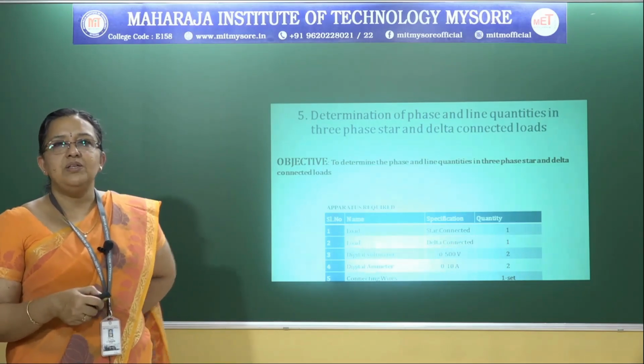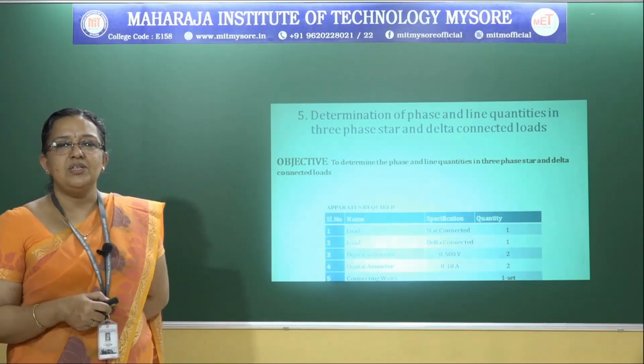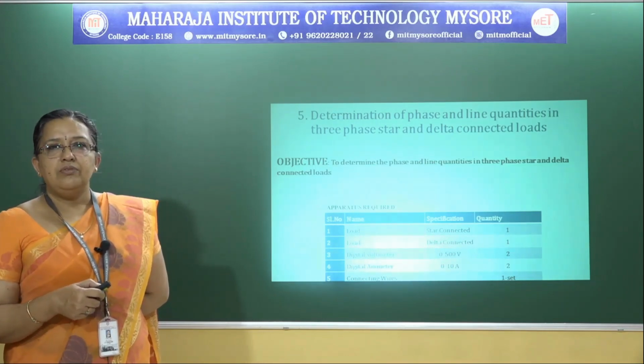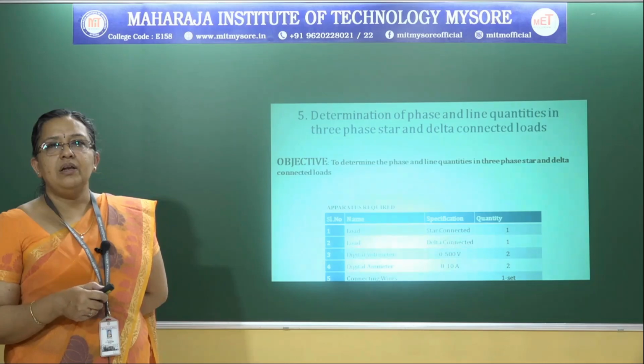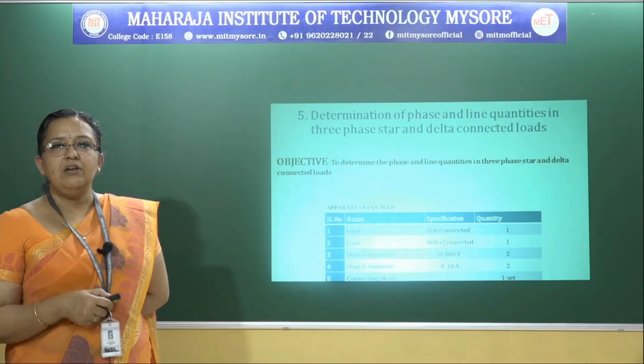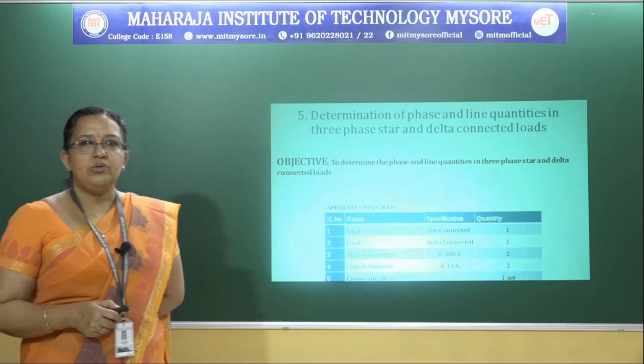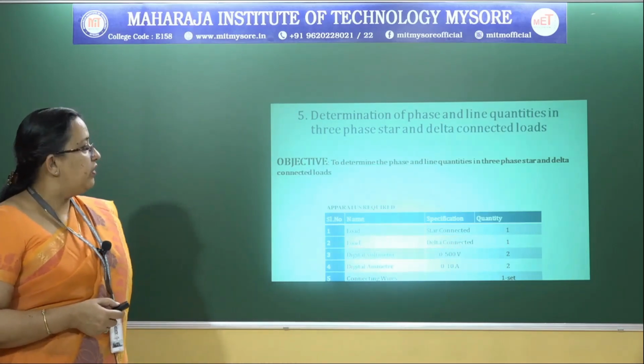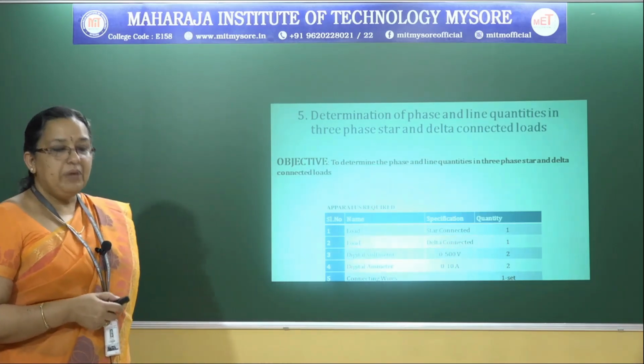So three-phase supply is also used in domestic applications in specific cases, although normally domestic applications make use of a single phase with a neutral. That is the introduction for the experiment.